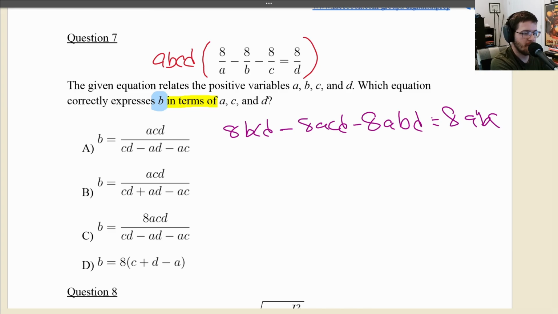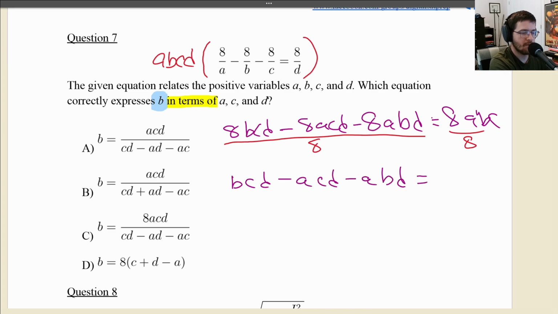Everything has an 8 in it, so I'm just going to divide both sides by 8, just to get rid of those. So I've got BCD minus ACD minus ABD is equal to ABC. And now we want to get B by itself, so let's search for all the B's. So, got a B there, and we got a B there.